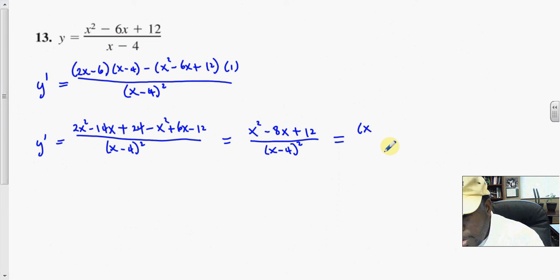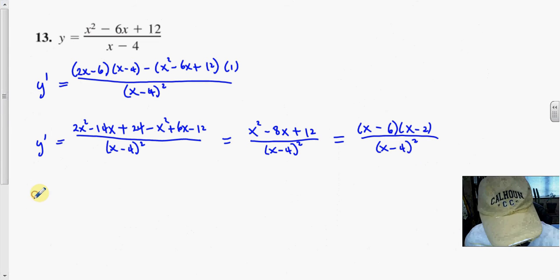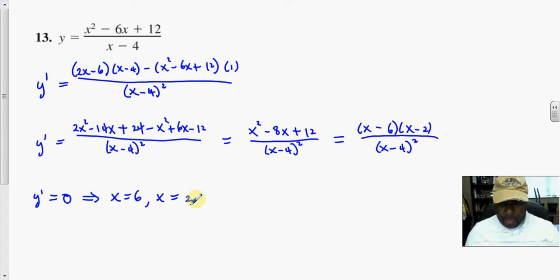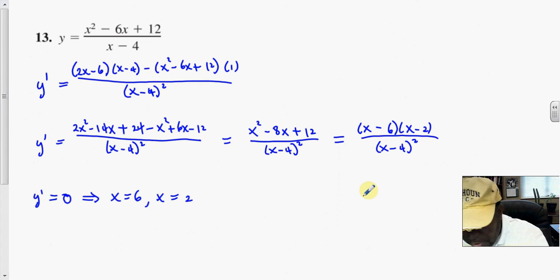Let's see. (x minus 6) times (x minus 2) all over (x minus 4) squared. So if you set y prime equal to 0, this implies that x equal to 6 and x equal to 2. So now we're going to partition the number line based on these values for y prime being set equal to 0.